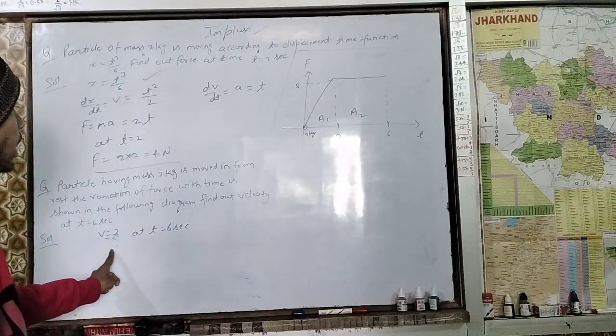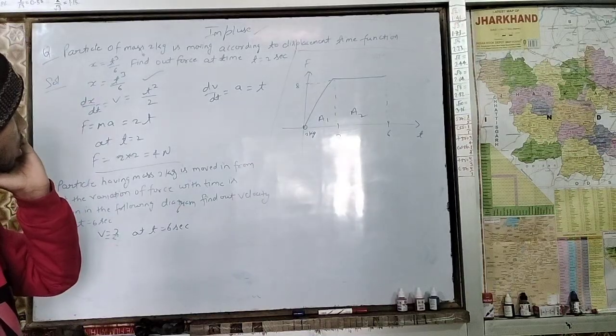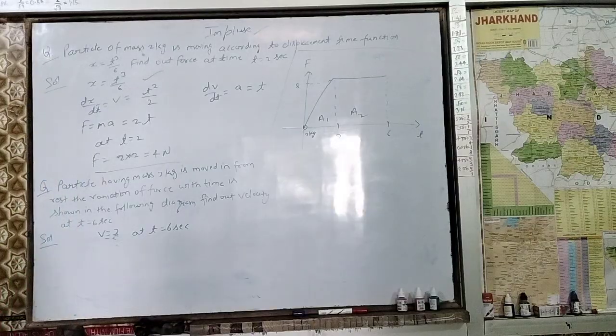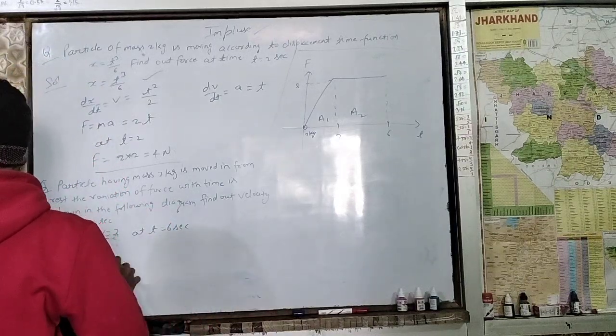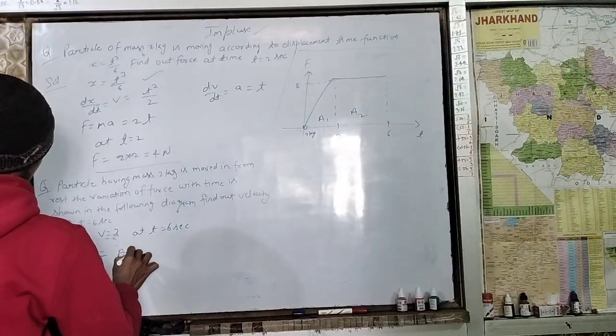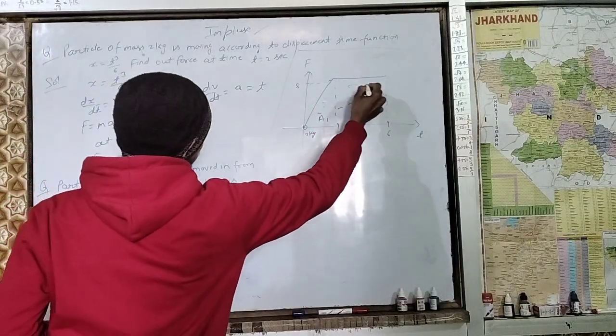First of all, we should find the value of v. This is not an x-t graph here. A1, A2: first is a triangle and second is a rectangle. From 0 to 6 seconds, we can write delta P is equal to the area under the curve, A1 plus A2.